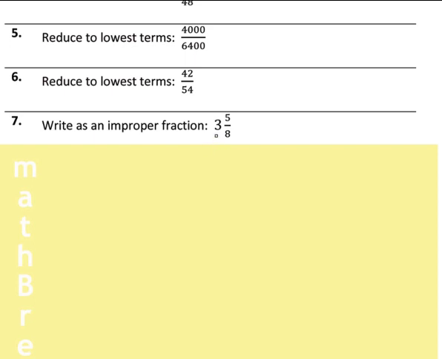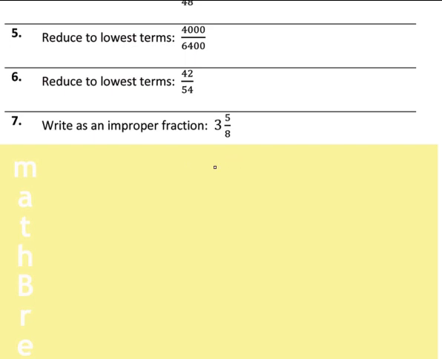But basically what we're doing is saying 3 wholes is equal to 8 over 8 plus another 8 over 8 plus another 8 over 8. That's for the 3. And then we would add another 5 over 8.